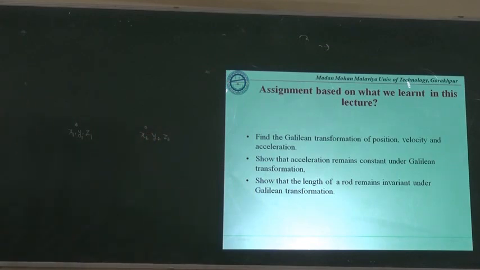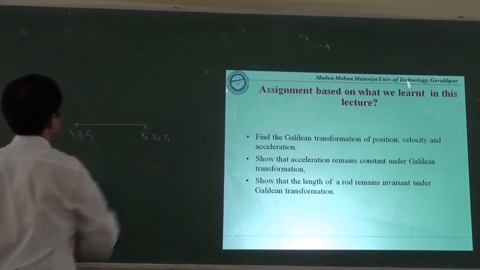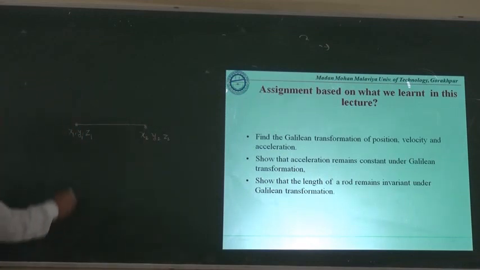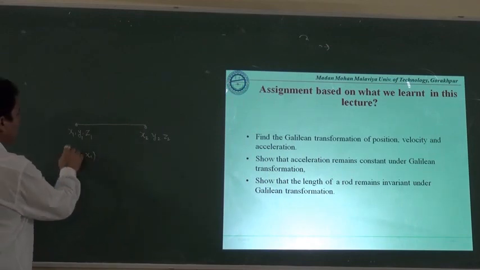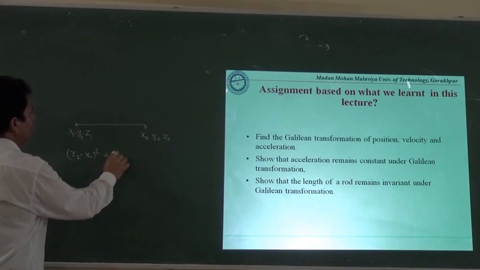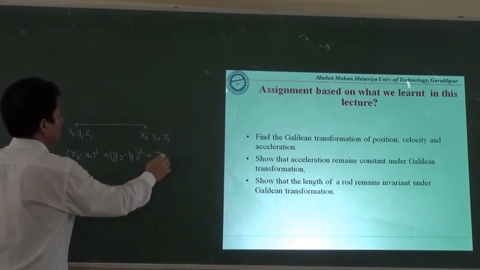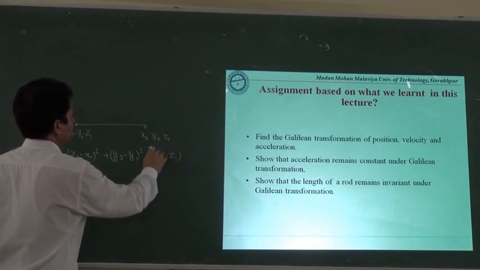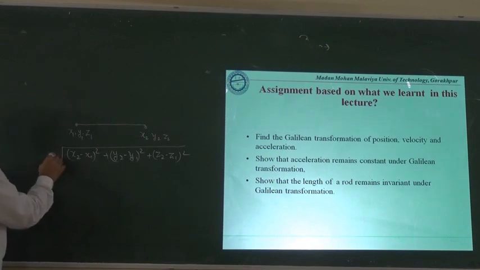To find the difference between these two, we write (x2 minus x1) whole square plus (y2 minus y1) whole square plus (z2 minus z1) whole square, and if we take the root of this, it gives the distance between them.